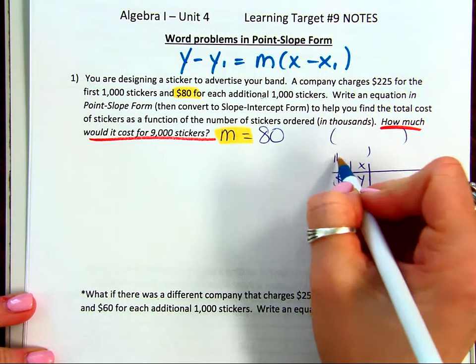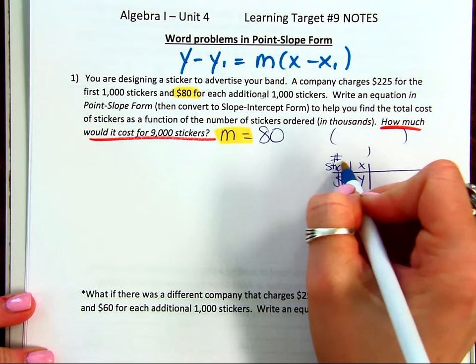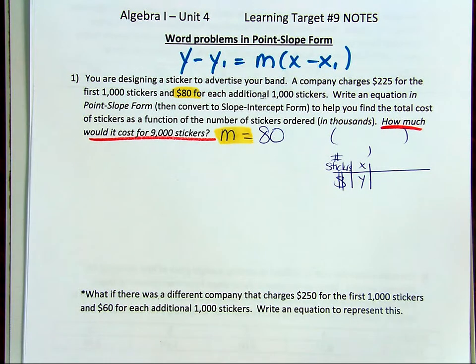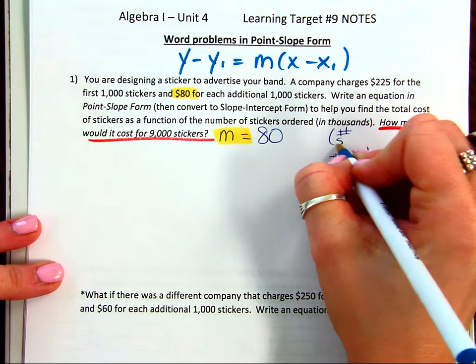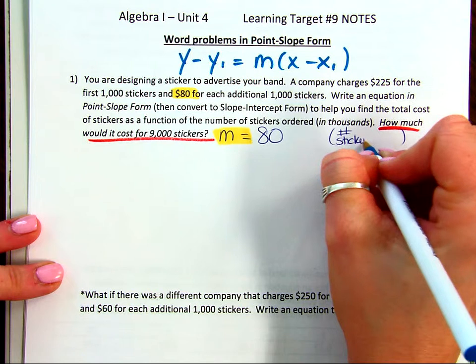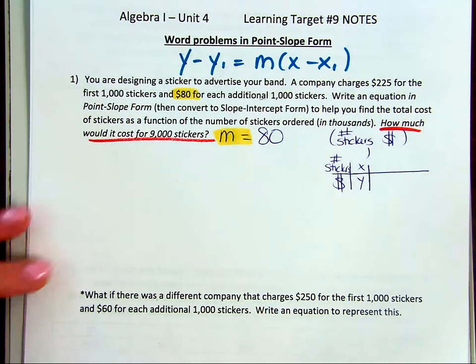So x is going to be the number of stickers, or the number of apps, or the number of texts you send, or the number of books you need to buy, right? So up here I want you to write number of stickers, and your y is your cost.